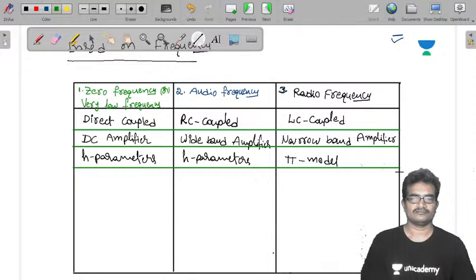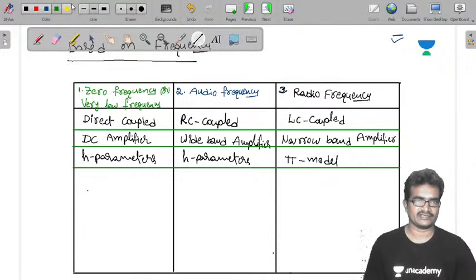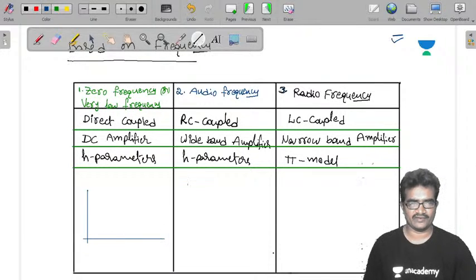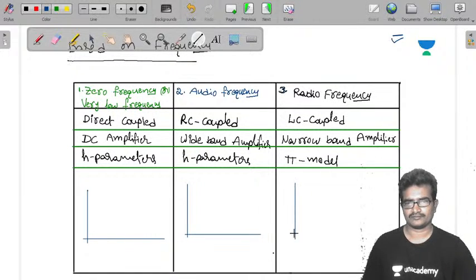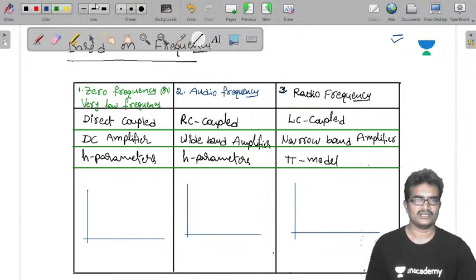After that we go to the frequency response, the frequency plot. In direct coupling, your frequency plot is like this: a plot between frequency and magnitude, or gain.